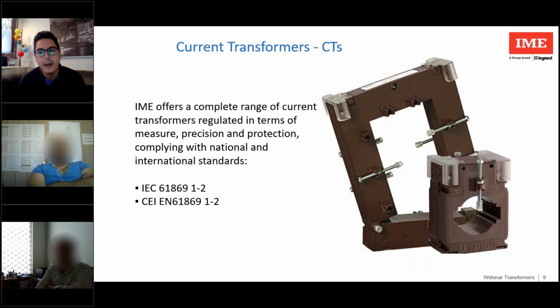These standards provide general and additional requirements for inductive transformers. They cover the conditions of service, the nominal quantities, the design and construction, the tests and safety, and the classes and errors.